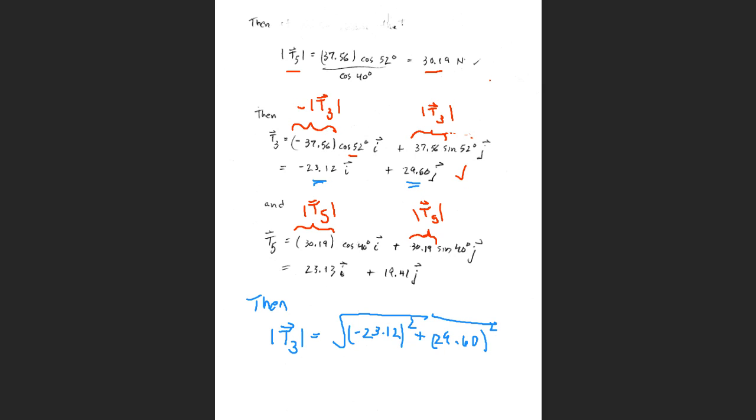And then the length of the T5 vector would be the square root. Sorry, that isn't very neat, but let's make it a little better. The stylus is not always the easiest thing to write with.